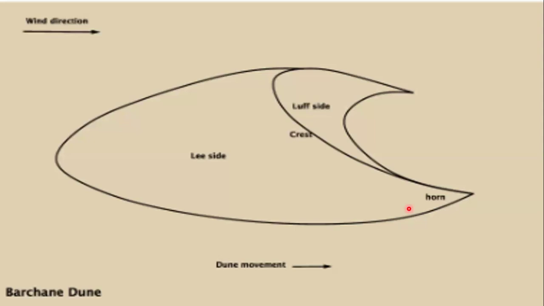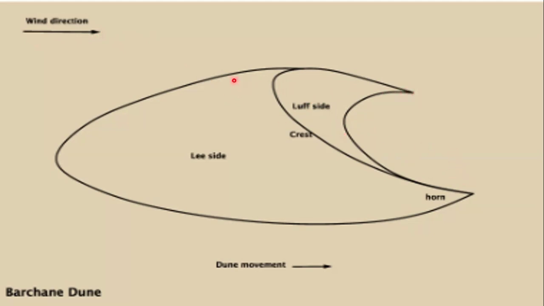Barchans or the crescent-shaped dunes. Crescent-shaped dunes are formed when the wind blows in a constant direction. The crescent shape has two horns.